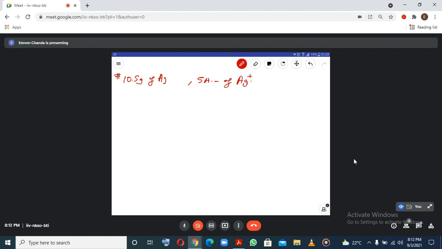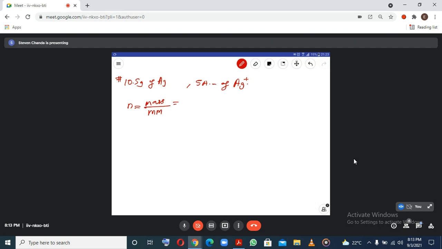So you want to find how many moles of this same silver were produced. The number of moles is equal to mass over molar mass or atomic mass, depending on what you're looking at.